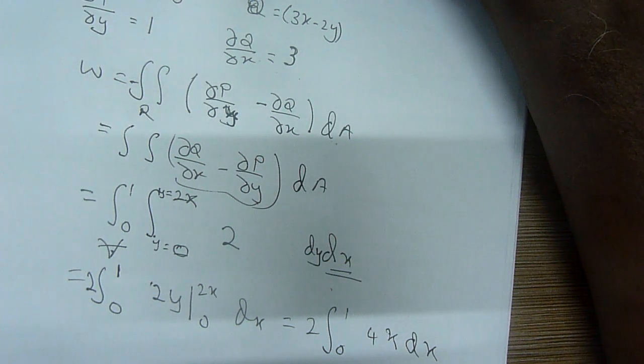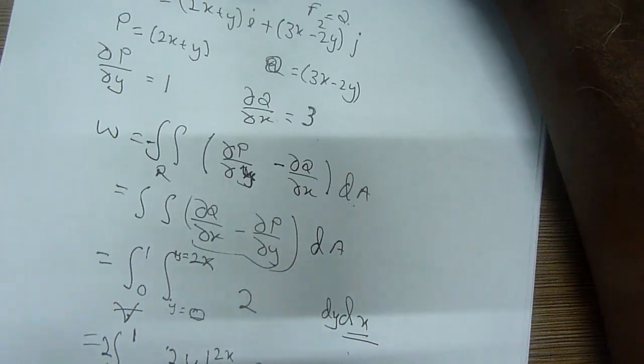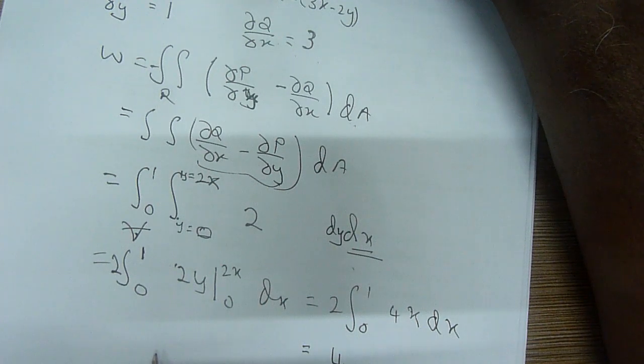Let me see whether I am correct here. Again, why am I stuck here? Am I making a mistake here? This 2 is correct. Okay, 2y, then I get 2y, 2.